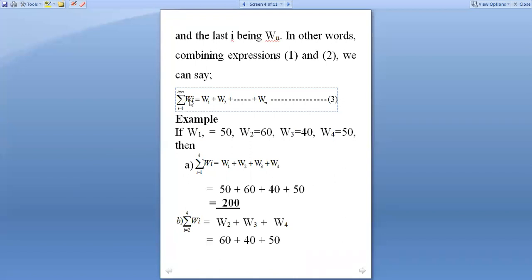What does it mean? This means that we have observations Wi. The first person starts from number 1, and the last person ends at n. So i stands for respondents 1, 2, 3, 4, and so on.